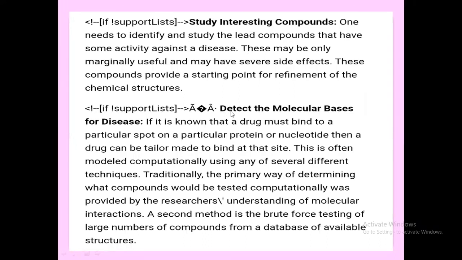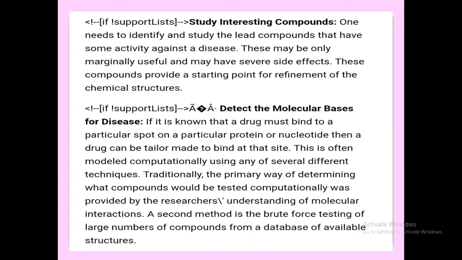If you are getting a disease in the animal system or human system, it may be because of some microbial infection or viral infection. The third type of disease comes because of some problem at the molecular level of the cell, the molecular basis. So if a disease is molecular related, then you first have to detect what the problem is, the molecular basis for that particular disease. You have to identify that problem first. Then only can you design a drug accordingly.